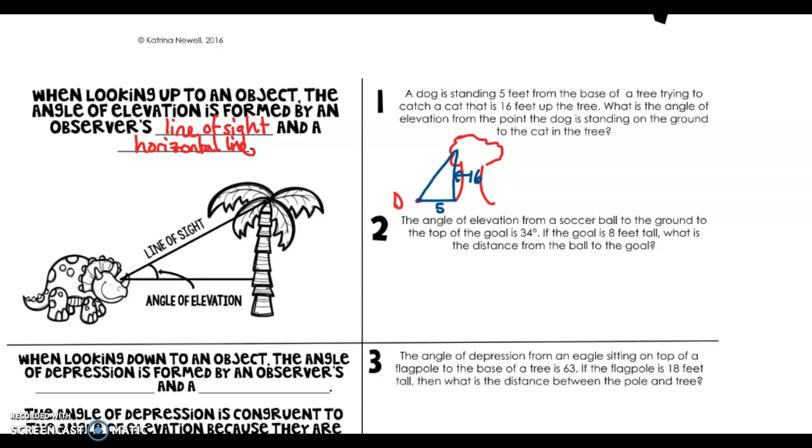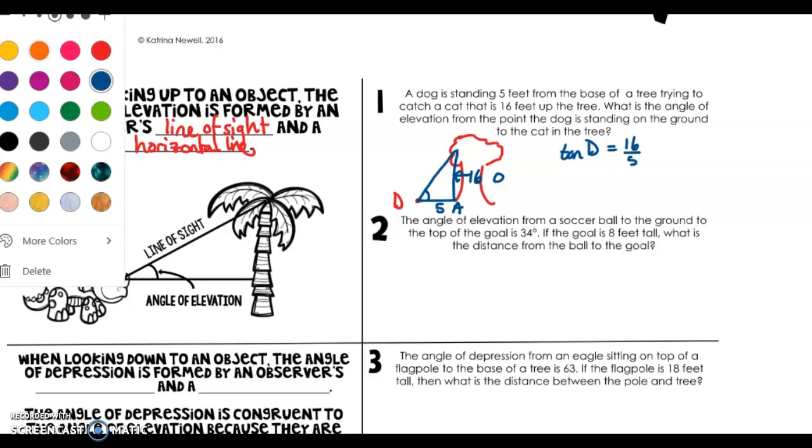What is the angle of elevation from the point that the dog is standing on the ground to the cat in the tree? So the angle of elevation is from the dog looking up, made with the sight line and the horizontal distance. If you look at angle D, we have 16 as opposite and 5 as adjacent. So we're going to use tangent of D equals 16 over 5.